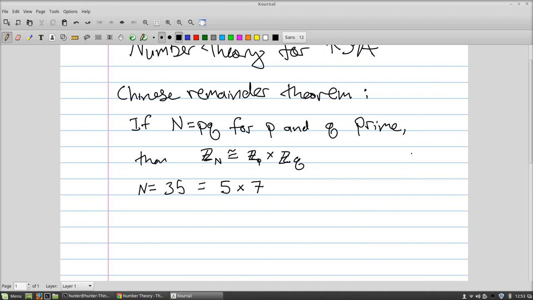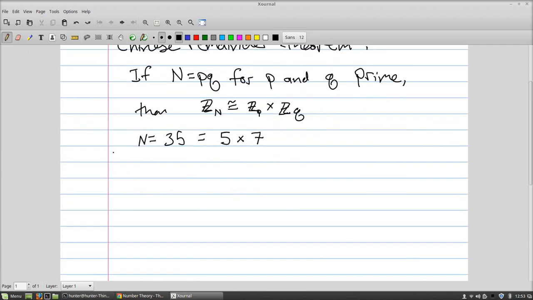So first we have to give a correspondence between Z35, which is equal to the numbers 0, 1, 2, up to 34.